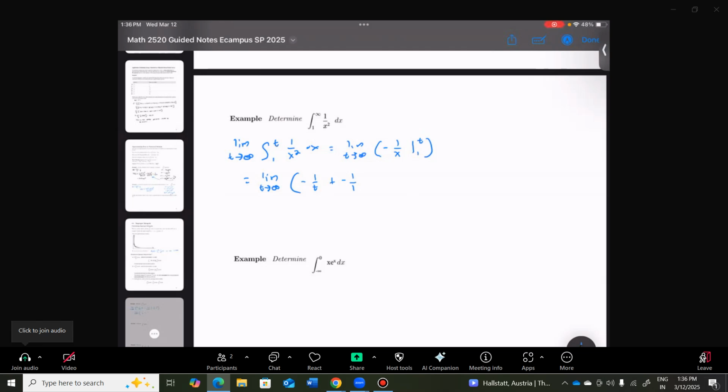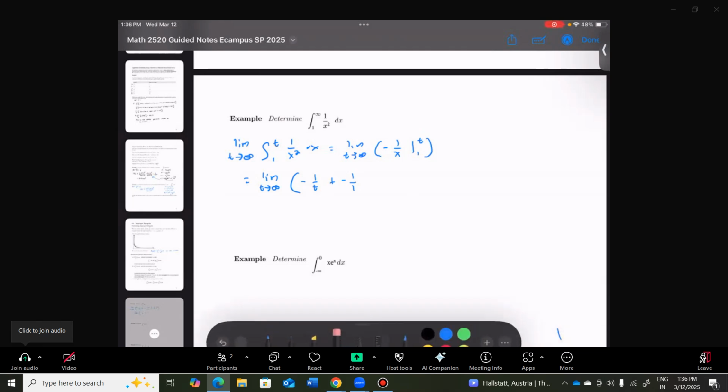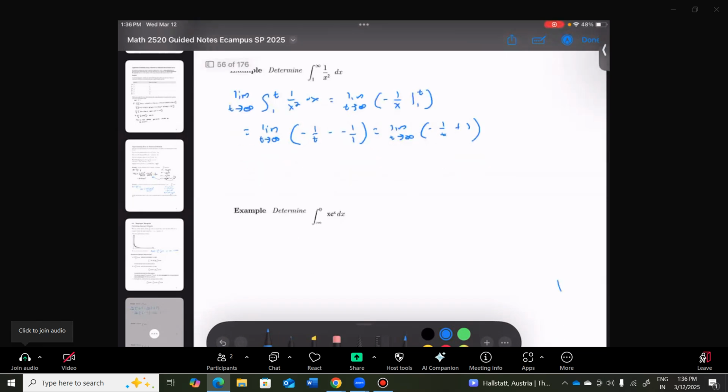I have to subtract the bottom, and that's going to make it a plus. So the limit as t goes to infinity of negative 1 over t plus 1. Now as t goes to infinity, this negative 1 over t goes to 0, and so this ends up being equal to just 1.